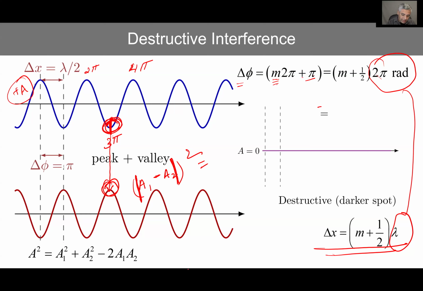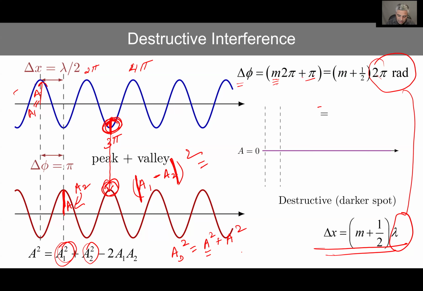So in that case, what happens to the net amplitude? If I calculate A square, should I say destructive here? I think I did not put the D subscript. A_D square is going to be A square plus A square, because A1 is A and A2 is also A. For A1 square, we have A square.